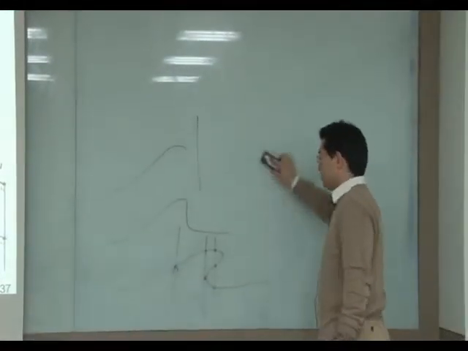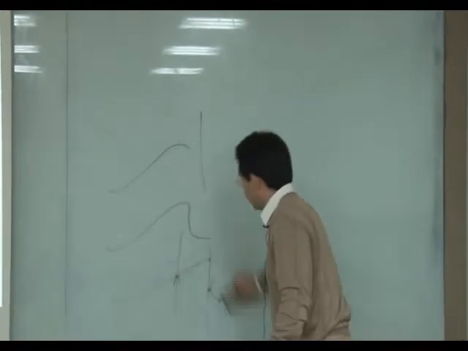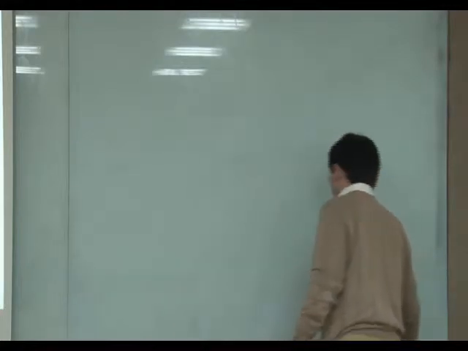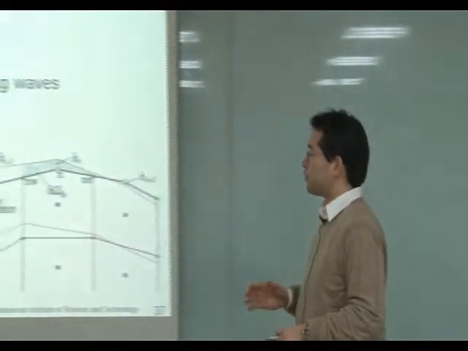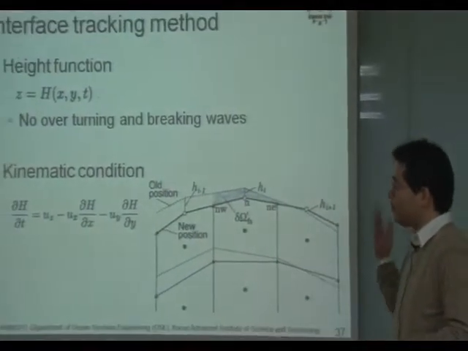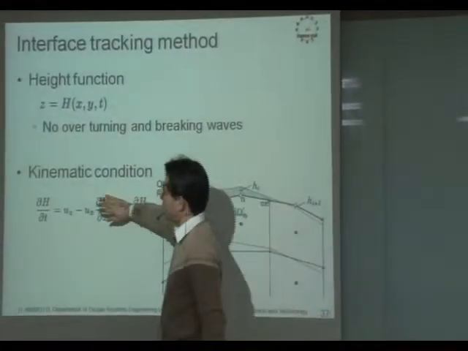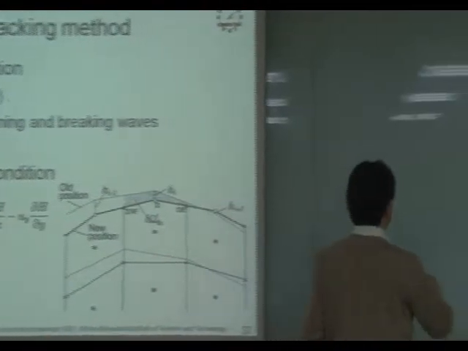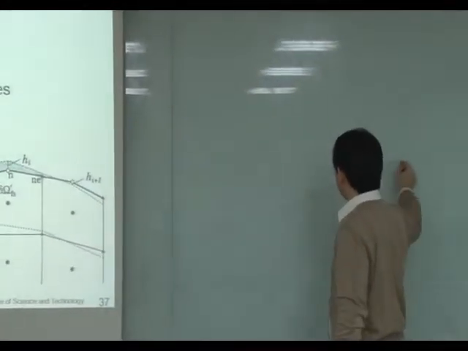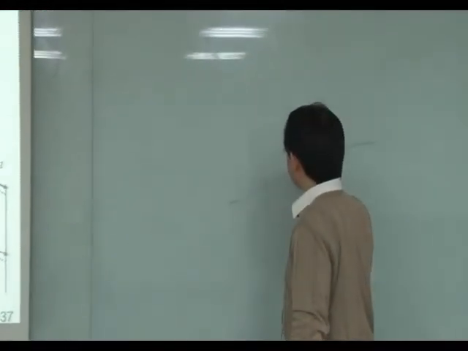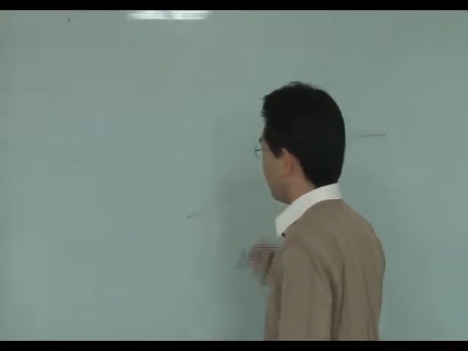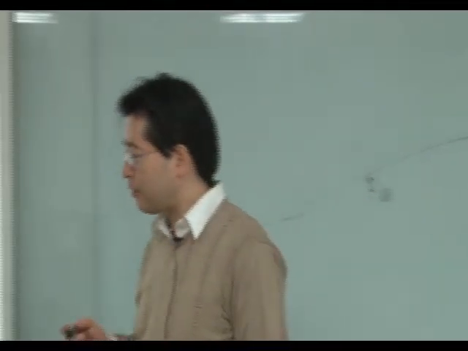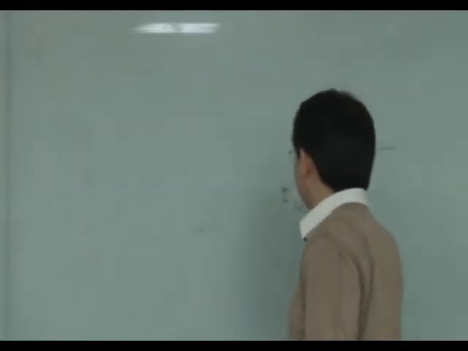The basis of this equation is similar to a convection term. If there is no convection, you have to consider only this part, uz. If the free surface is moving, the speed is the velocity component of u, the z component of velocity. So it is uz.